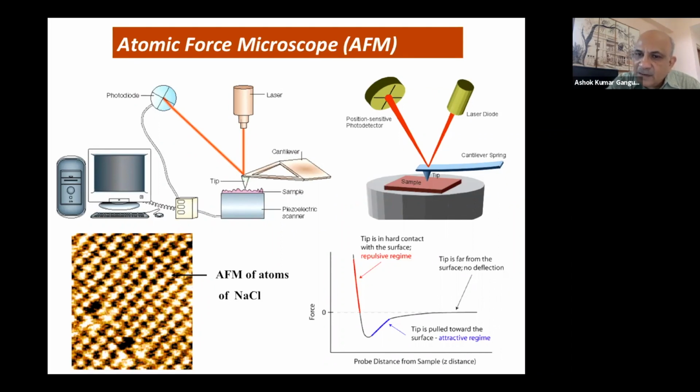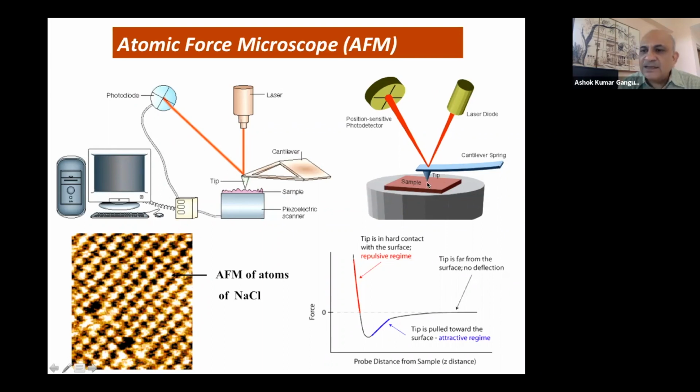But this is very sophisticated. It can measure very weak forces. And depending on the force at one point and the force at the other point, it creates a map. And depending on that, it tells you which atoms are where on the surface and many other things it can do. Basically, this cantilever is pushed up or down depending on the force.